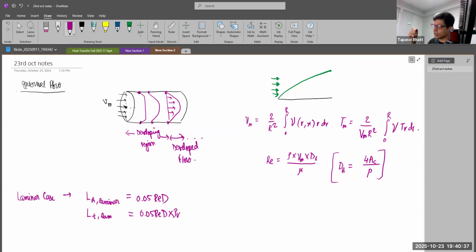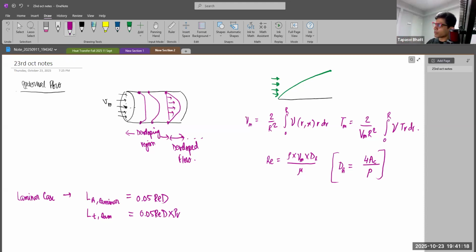So this is how you can get a sense of what Prandtl number actually means, because Prandtl number is basically the ratio of the hydraulic entry length over the thermal entry length. This is basically the length which it takes for the whole flow to become fully developed, which is called the entry length. This is another way we can define the Prandtl number in terms of internal flow.